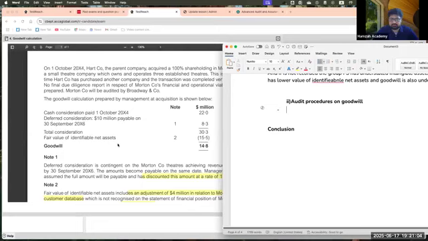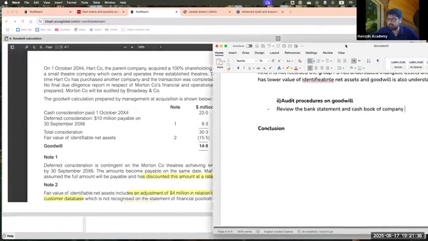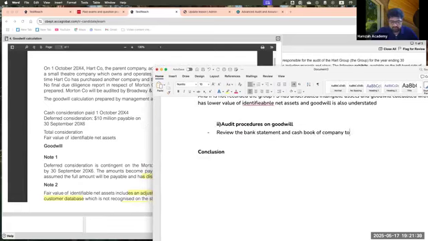So, students, verify or review the bank statement and cash book of the company to verify this payment. 22 million paid.